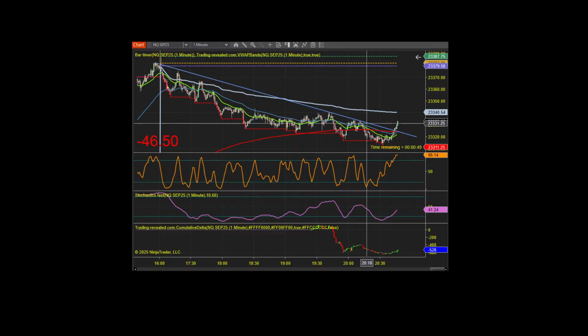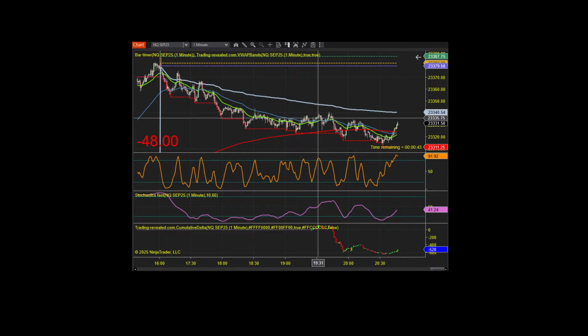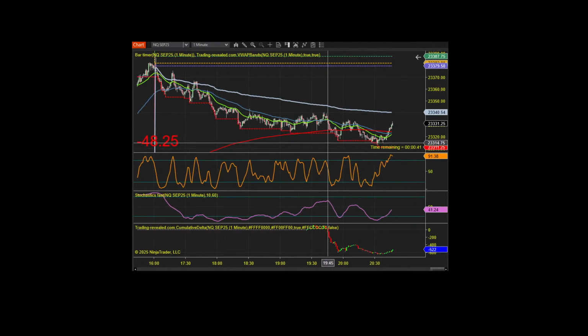Okay, well it's running. It's running towards that VWAP. Buyers kind of stepping in here. This actually would have been a pretty good place to long because we were both under the 9.3 and under this 1060.